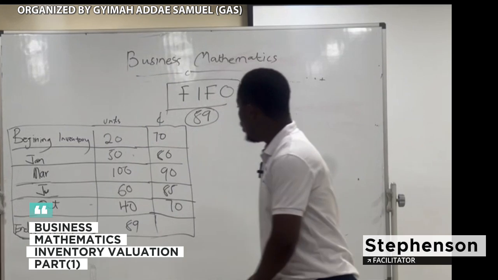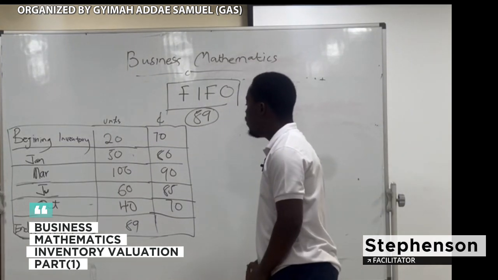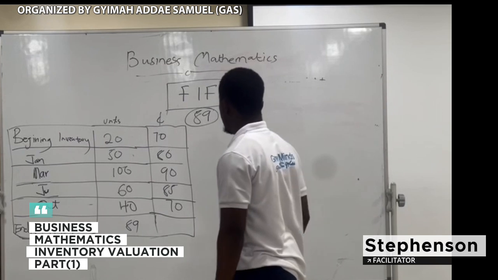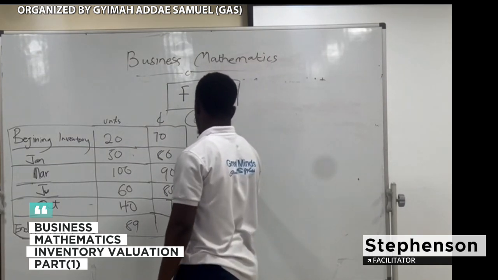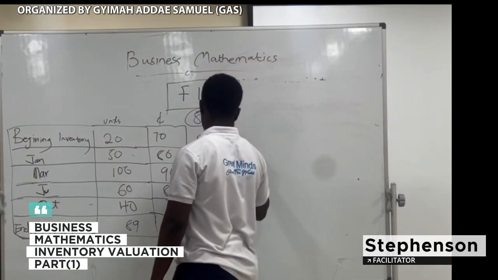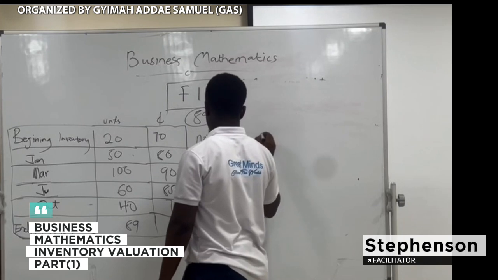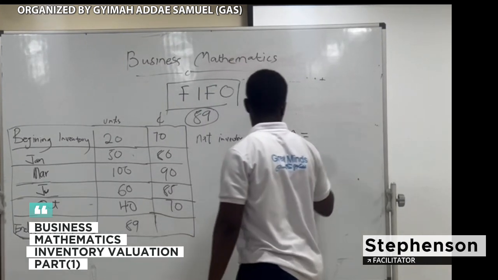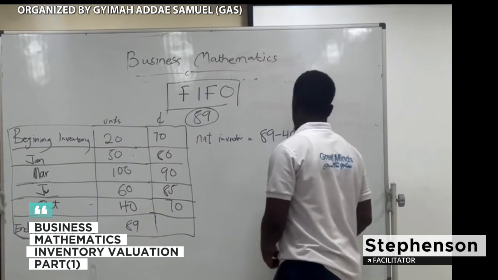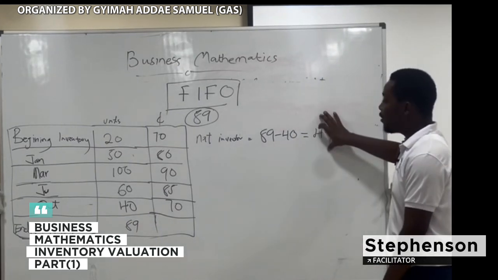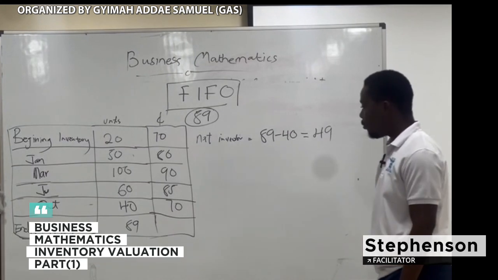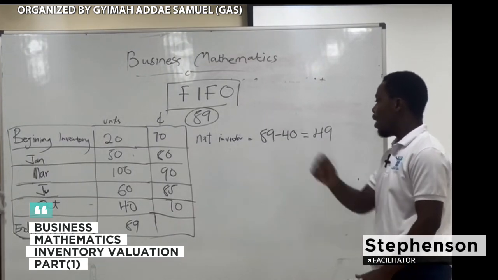October is going to take 40 of our inventory. So 89 minus 40, we are left with 49. We will take this 49 to the preceding month, which is July.